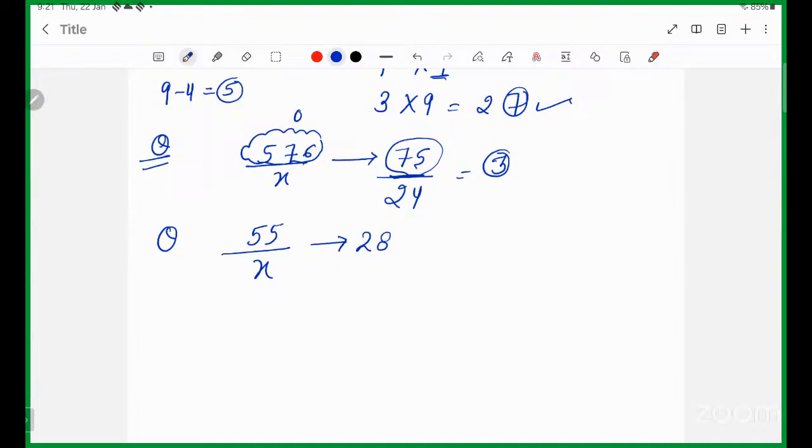So again, here I will divide the remainder and find what the remainder will be. So 28 divided by 11 will be 6. Remainder will be 6.